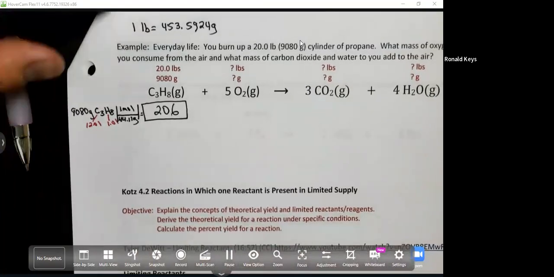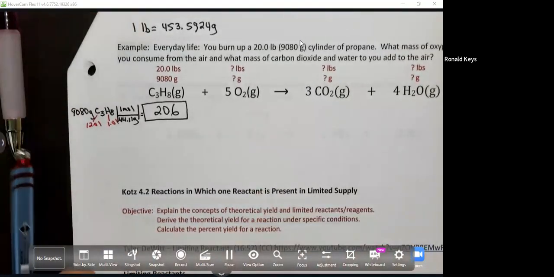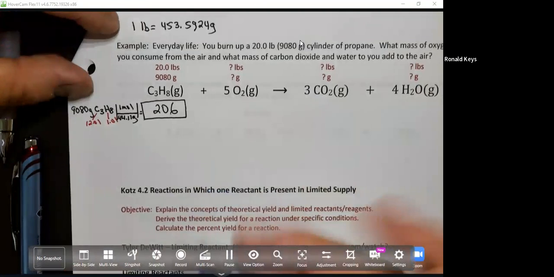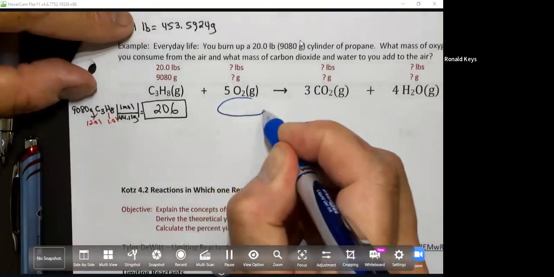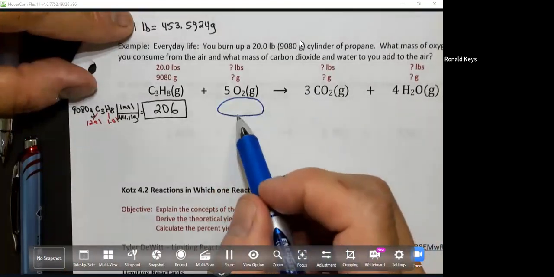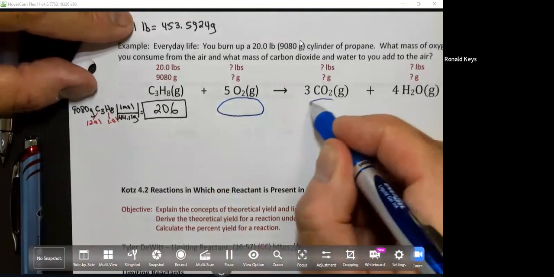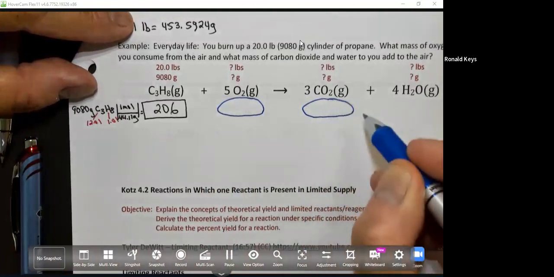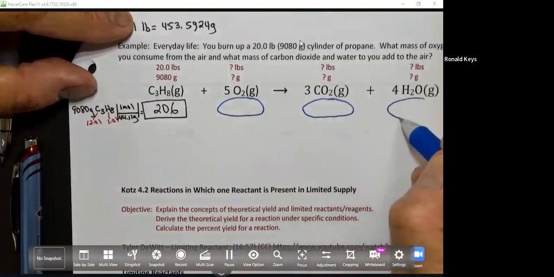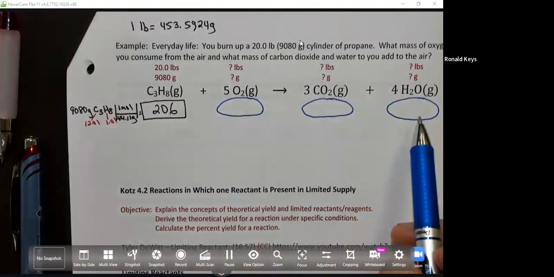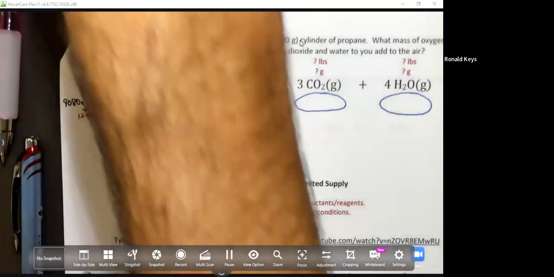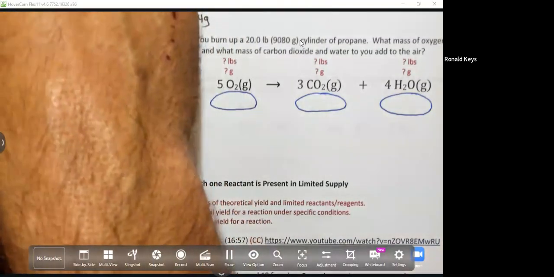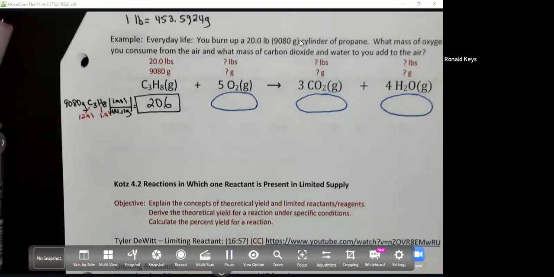Now, what I'm going to do is figure out moles of everything else. I'm going to figure out moles of oxygen we're going to take out of the air, moles of carbon dioxide we're going to put into the air, and the moles of water we are going to produce. How am I going to do that? I'm simply going to draw my arrows.